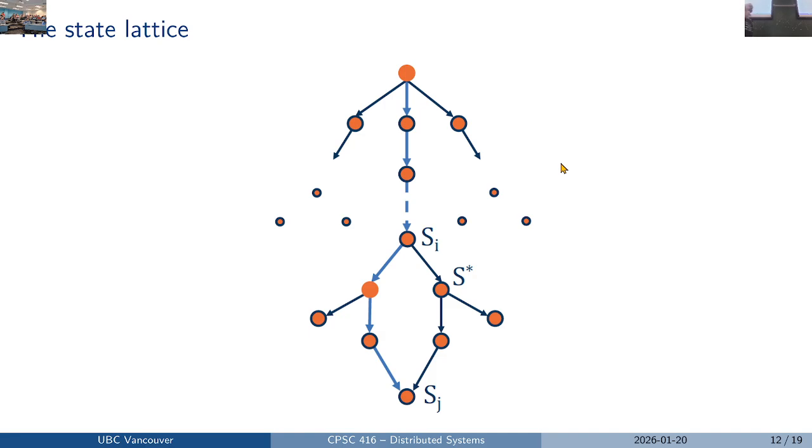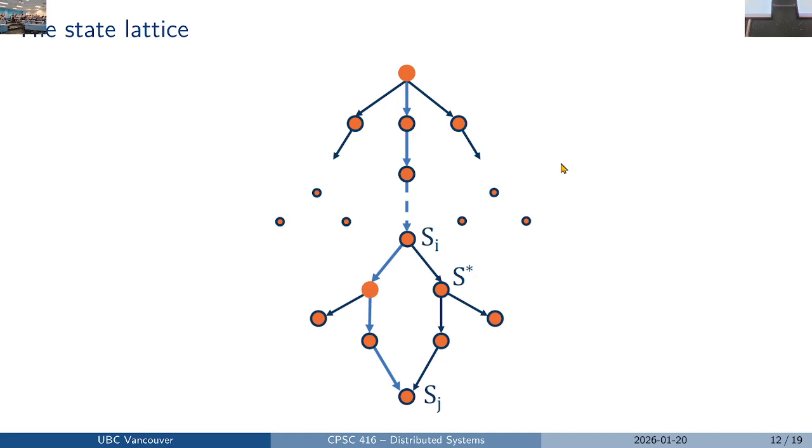The function of a lattice is to realize or to admit that consistency can be achieved by walking through multiple paths. So if I have a set of states, let's say I have a state Si and another state Sj, and both of those are labeled as consistent, I can go through multiple other substates. But the point is, no matter how I get from Si to Sj, there has to be some path that gets me back to a consistent state.